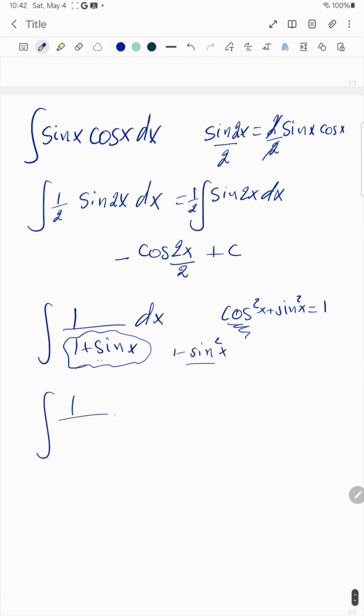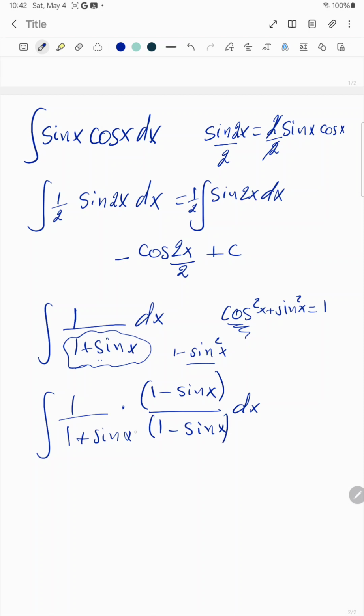So if I take 1 over 1 plus sine of x, I can multiply by 1 dx. Yeah? But my 1, I want to write it in a more intelligent way. Instead of writing 1, I'm going to write multiplied by 1 minus sine of x divided by 1 minus sine of x, which is equal to 1 dx. And here, I see 1 plus sine of x and 1 minus sine of x, and I know the formula a square minus b square is equal to a minus b times a plus b.